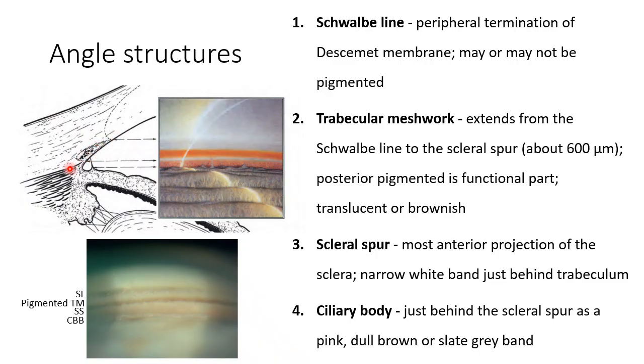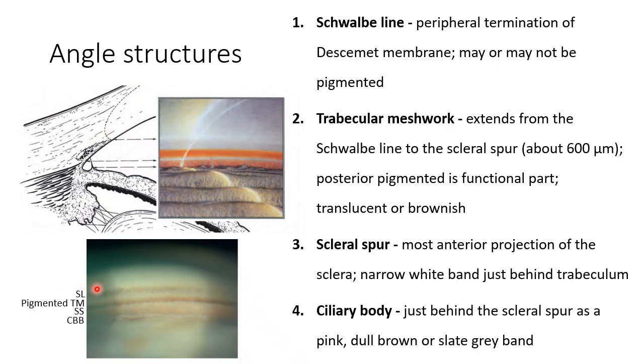Then you see the sharp white line of the scleral spur, right? Imagine if you were sitting inside the eye in the anterior chamber looking at the angle, then you would be able to visualize the scleral spur, a white line, and then the ciliary body band, a brownish pigmented band, right? So these are the four major structures. Try to visualize it from inside the eye. Then you'll be able to remember the angle structures.